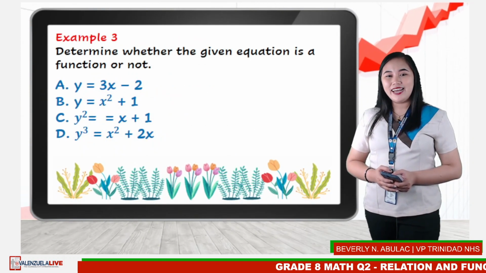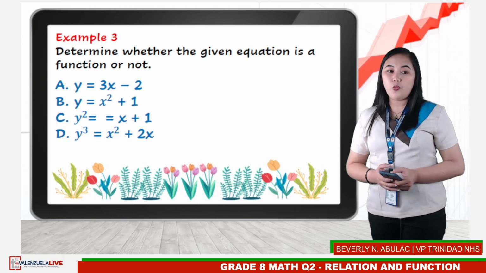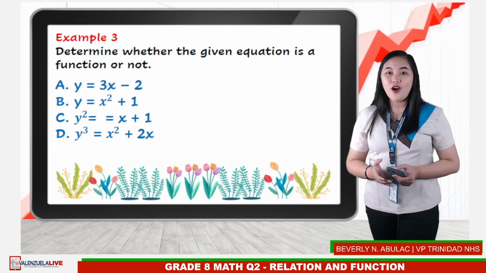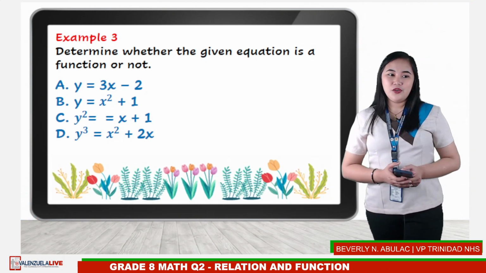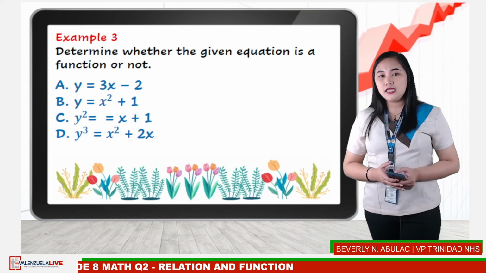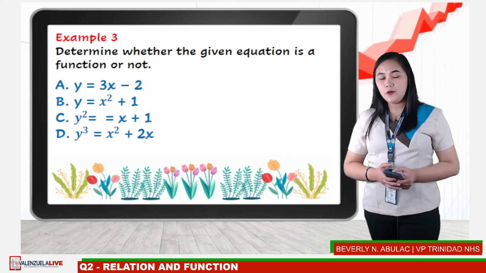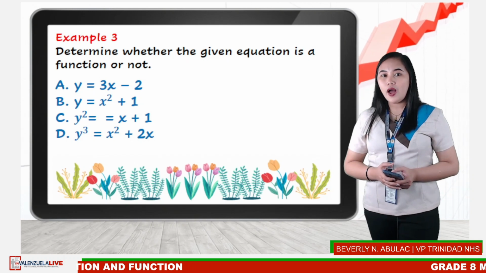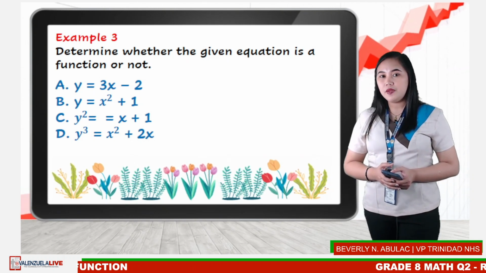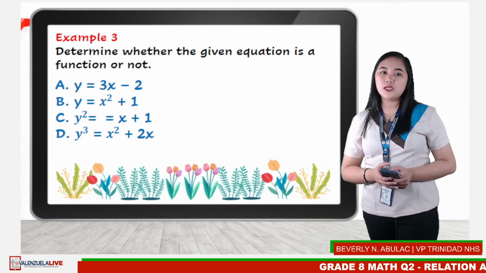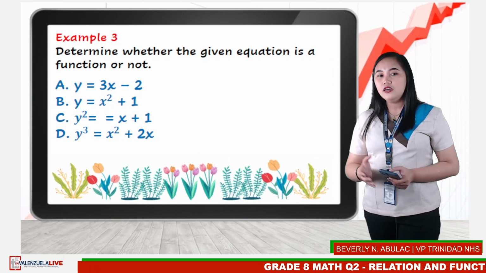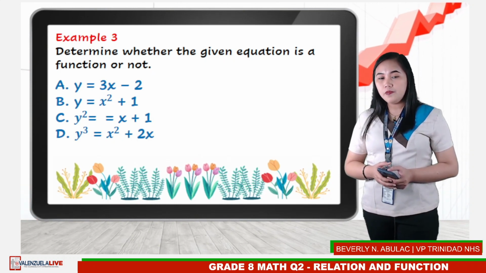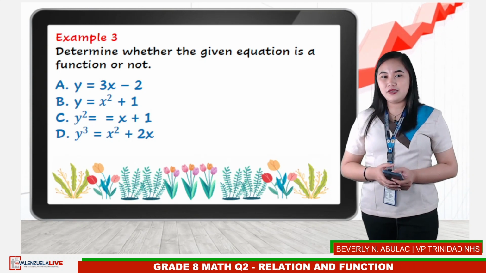Example number 3. Determine whether the given equation is a function or not. We have A, y equals 3x minus 2; B, y equals x squared plus 1; for letter C, y squared equals x plus 1; for letter D, y cubed equals x squared plus 2x.